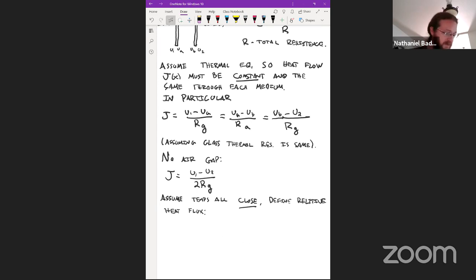We have our comparison class heat flux. In theory, we are improving our heat flux by what percentage, right? As we add the air gap, hopefully J will be smaller. And so then we'll get some percent, the percentage improvement.